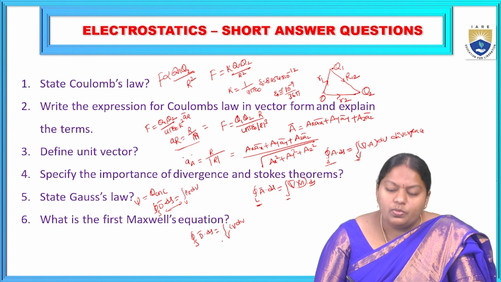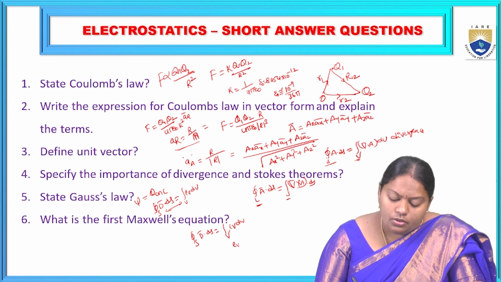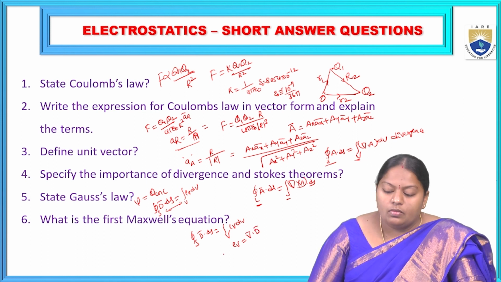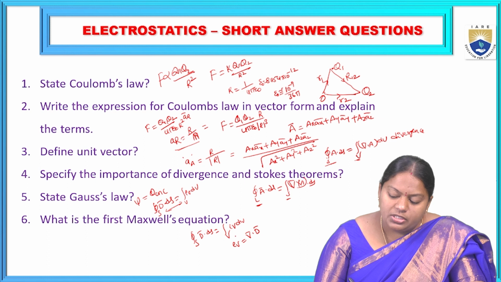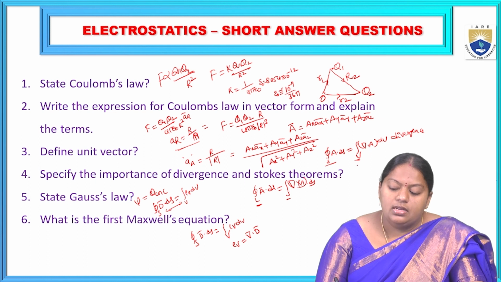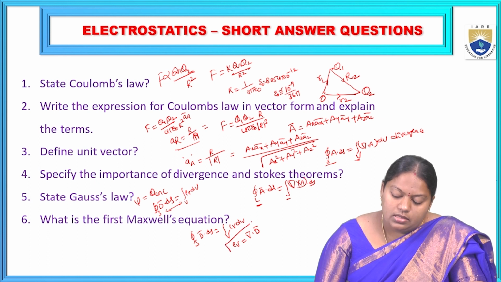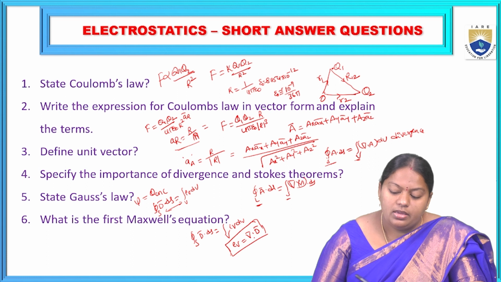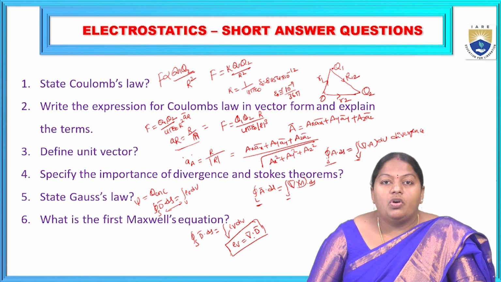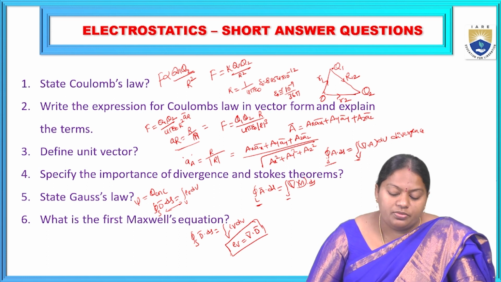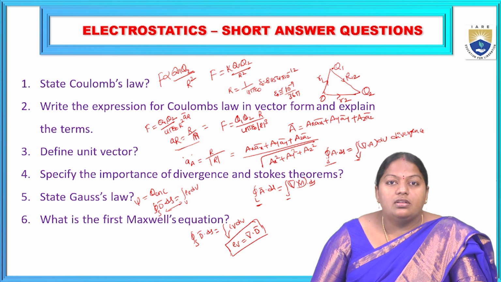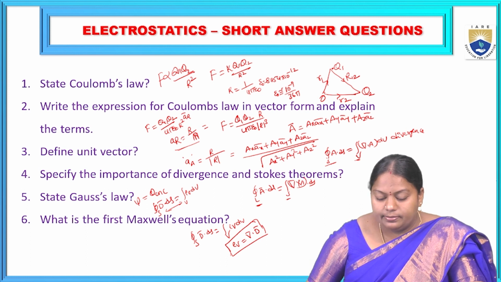For the point form, applying the divergence theorem to this, it becomes rho_v equal to del dot D. If we express the volume integral in terms of surface as integral over V of del dot A dV, then rho_v equal to del dot D can be written as the point form or differential form of Maxwell's equation for electrostatic fields.